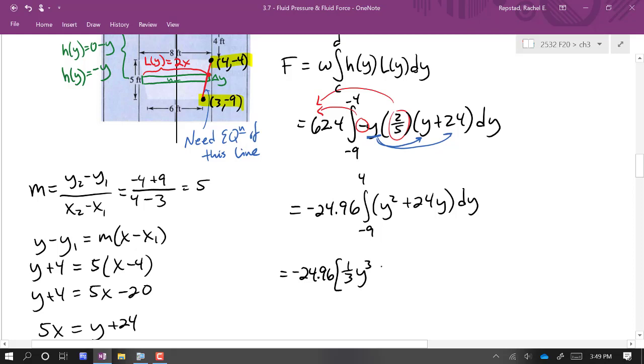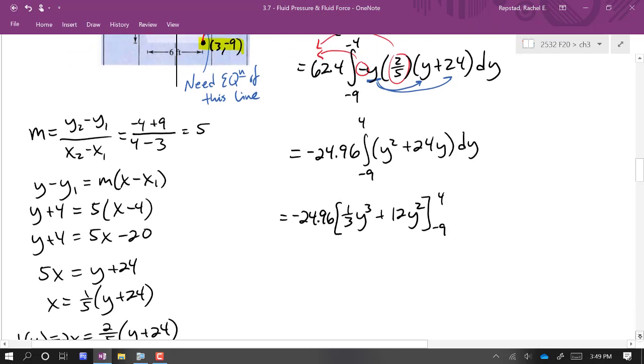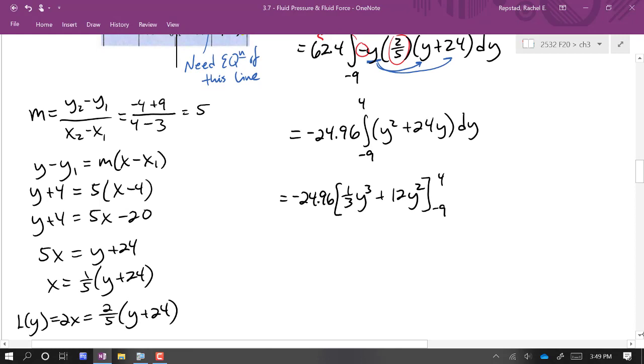Using the power rule. And now we can plug in our limits.